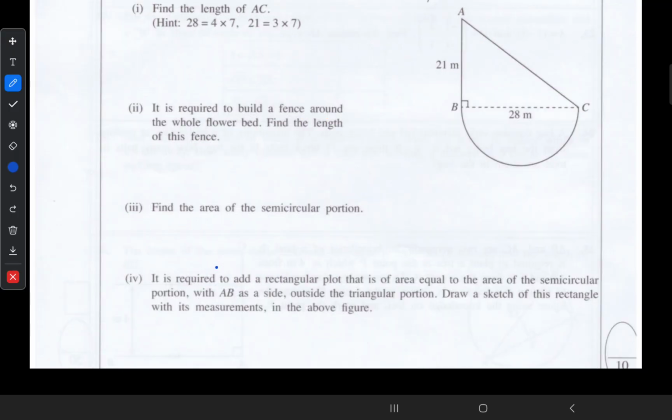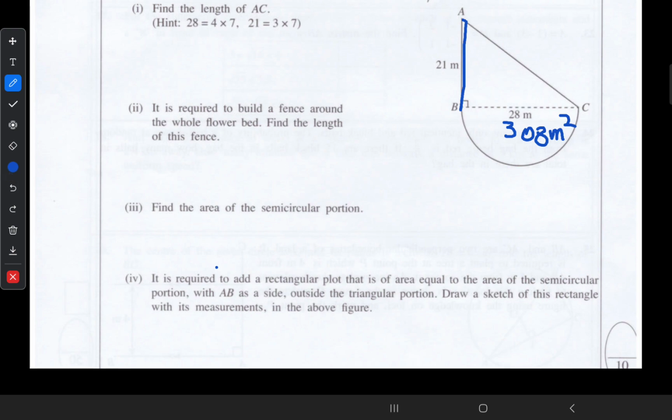Fourth part question. It is required to add a rectangular plot that is of area equal to the area of the semicircular portion. We already found the semicircular portion area as 308 square meters. With AB as a side, we are going to draw a rectangular portion. One side is aligned on AB.